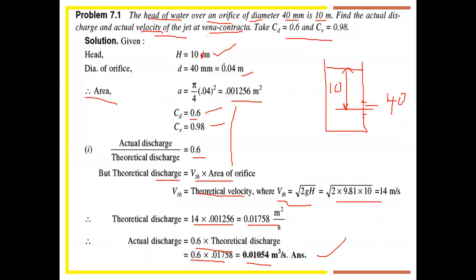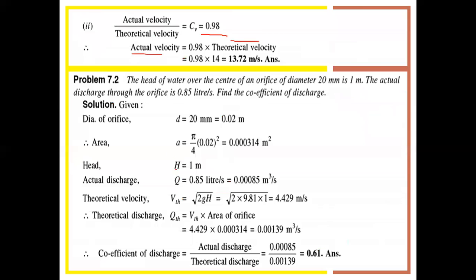Theoretical velocity is 14. So 0.8 into 14 is 11.2 meters per second. Got it?